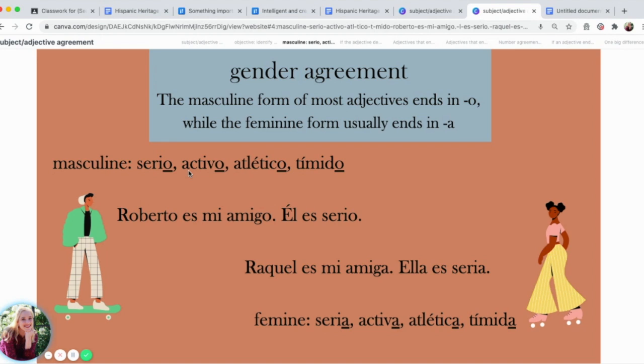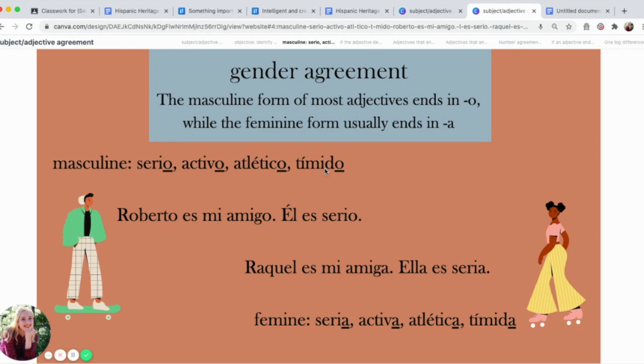So many adjectives are either going to end in O or A, depending on if it's masculine or feminine. If it's masculine, it'll end in O, and if it's feminine, it'll end in A most of the time. So for example, if we want to say that Robert is serious, él es serio, ending with an O. But if we want to describe Raquel, we would say ella es seria. We would end it with an A.